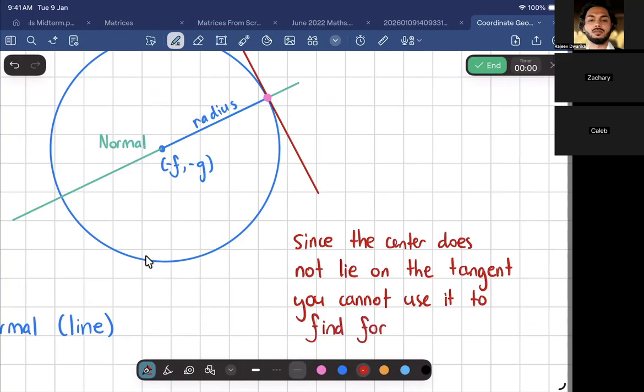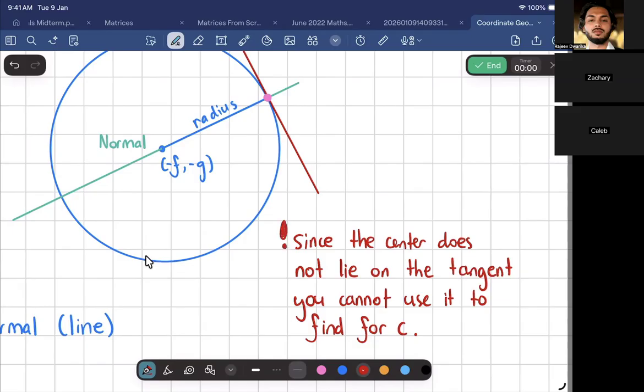Does anybody know what you use the points for, other than the gradient? C. Yes. So since the center does not lie on the tangent, you cannot use it to find for C.